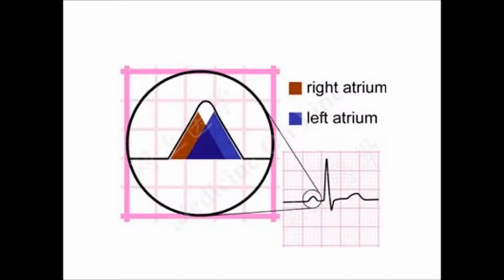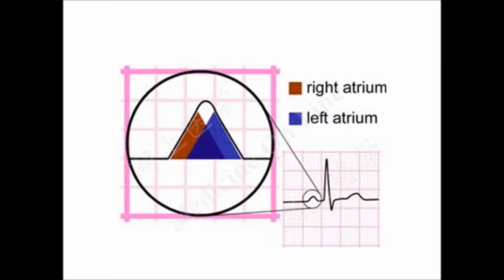Okay, in this slide we can see that the P wave represents the right and left atrial depolarization. The first part of the wave represents the right atrium, because as I said, the SA node is located in the right atrium. So first we will see the right atrium, which will finish before the left atrium.